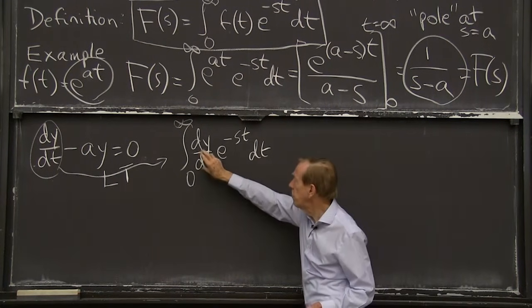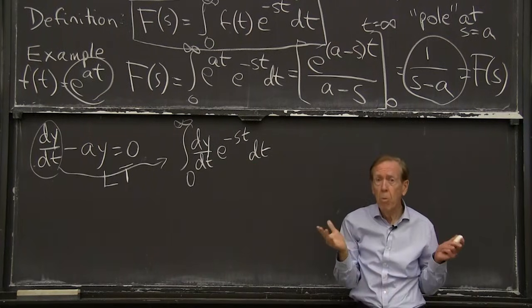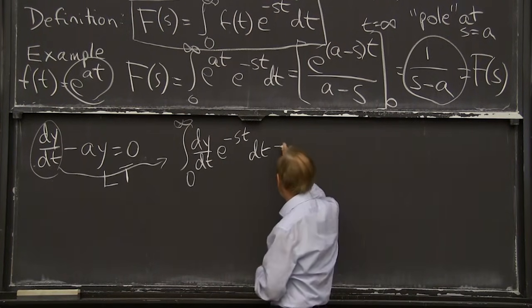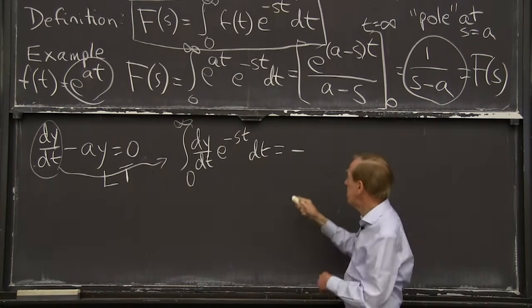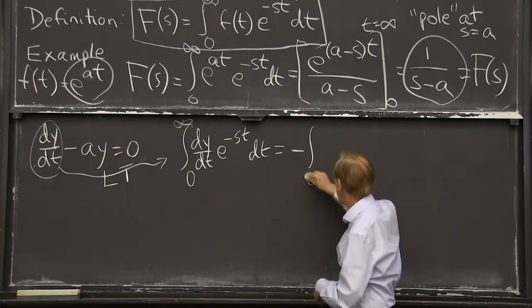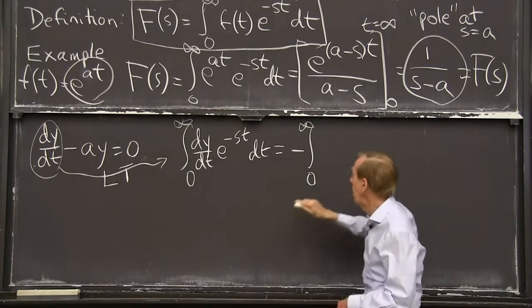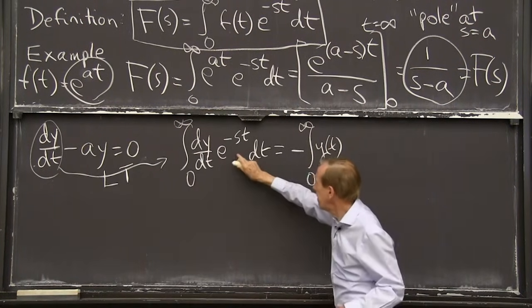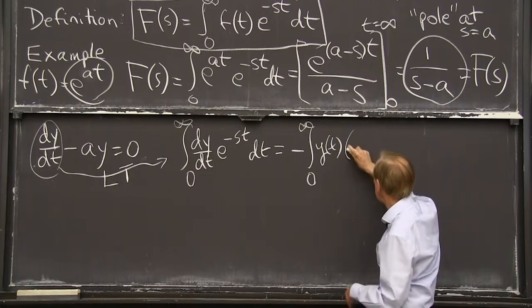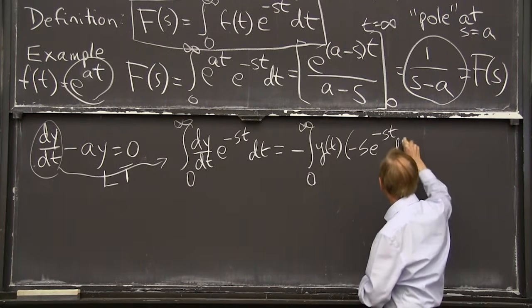It moves the derivative away from that and onto that where it's no problem. And do you remember that a minus sign comes in when I do this? So I have the integral from 0 to infinity of, now the derivative is coming off of that, so that's just y of t. And the derivative is going on to that, so that's minus s e to the minus st dt.